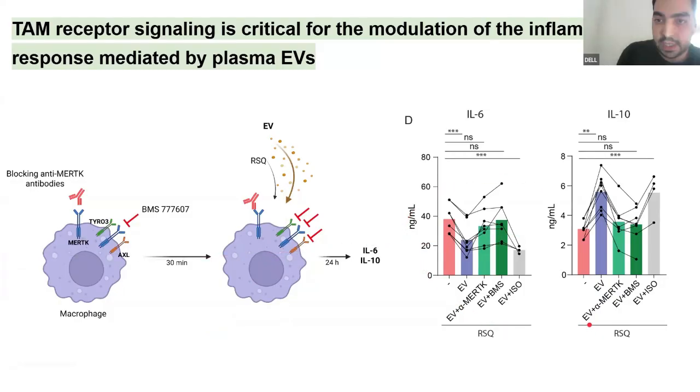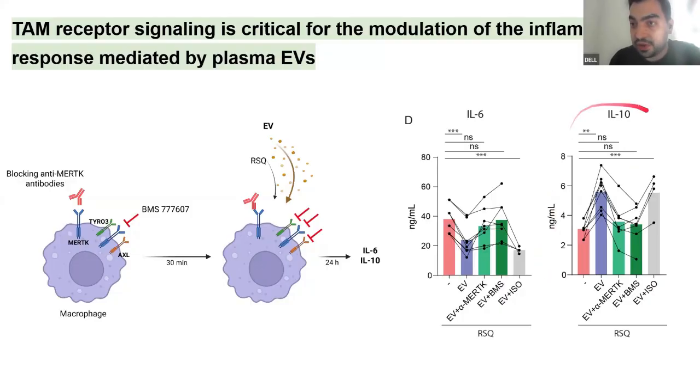As you can see here, first we can see the IL-6 when you simultaneously treat macrophages with EVs and prosecuimod, and then when you pre-incubate with the anti-MERTK antibody or the BMS, this inhibition was reversed. And you can see here the isotype control.